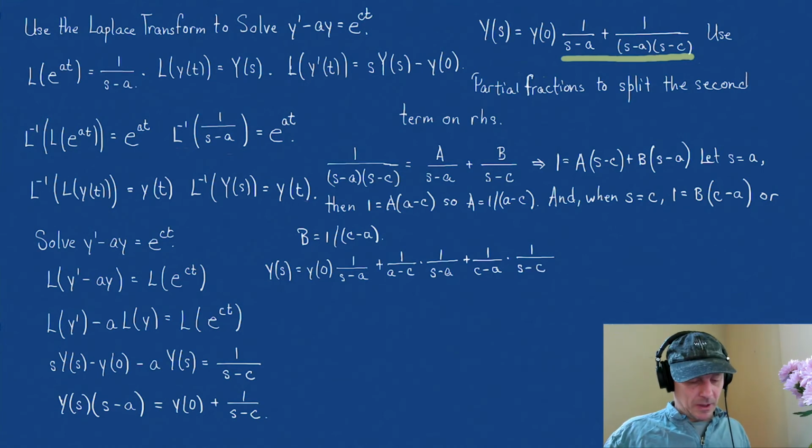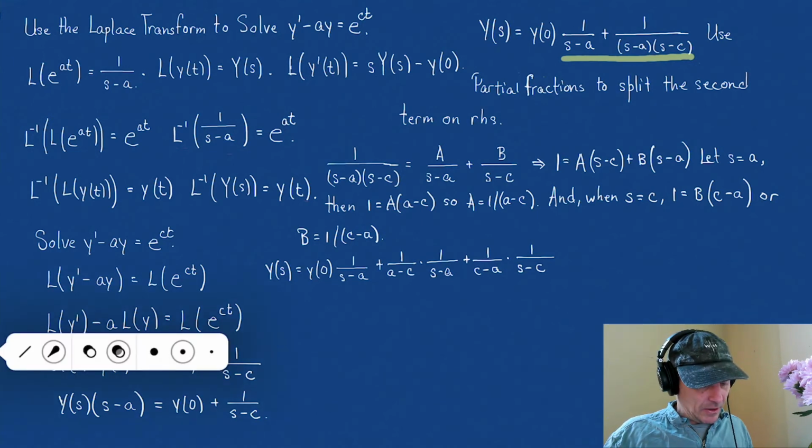Well, now what we want to do is undo all this, and we do that by applying the inverse Laplace transform. When we apply it, we're going to take advantage of the linearity fact.